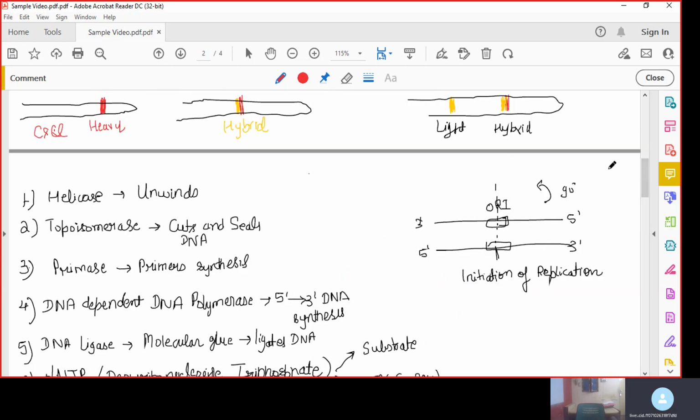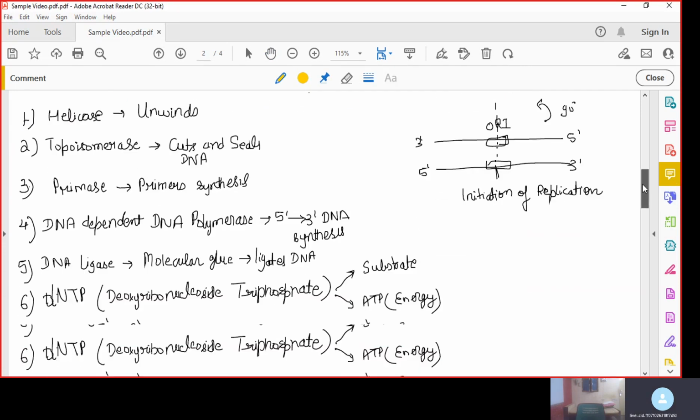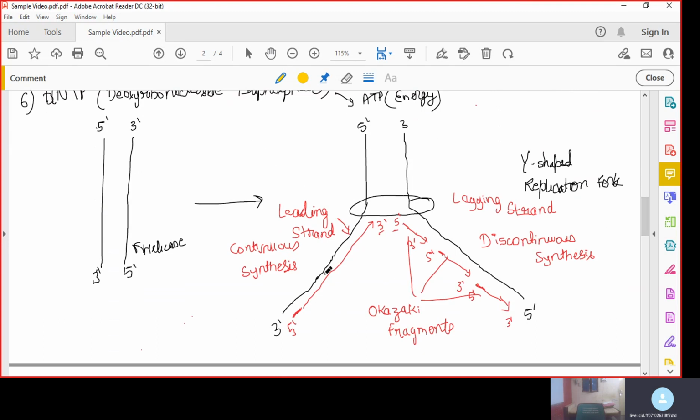These Okazaki fragments are ligated by DNA ligase.